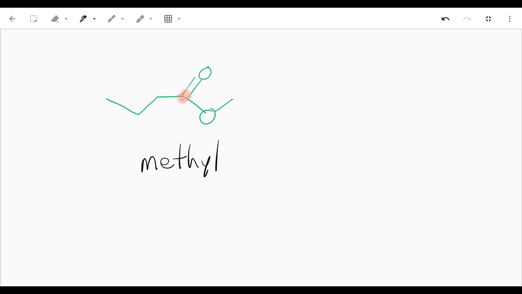Then on our 2 oxygen side, we have 1, 2, 3, 4. So that would give us methyl butanoate. And that's its name.